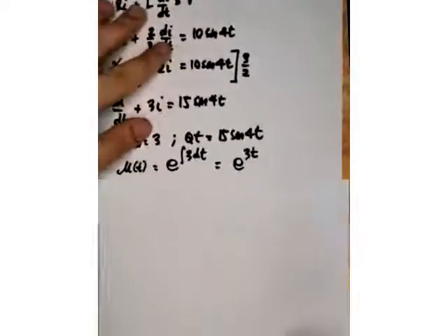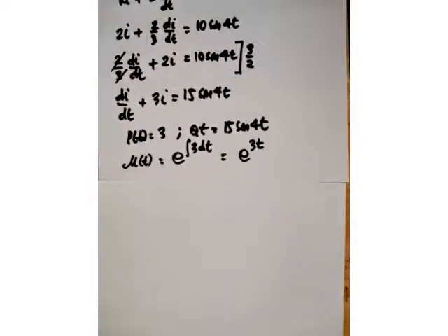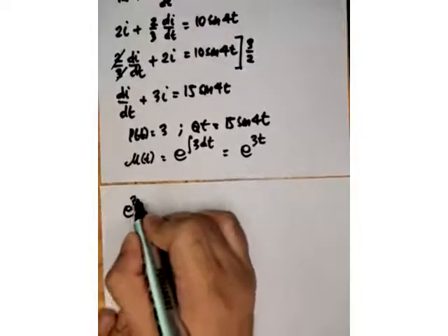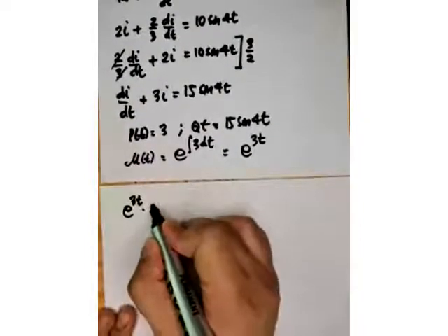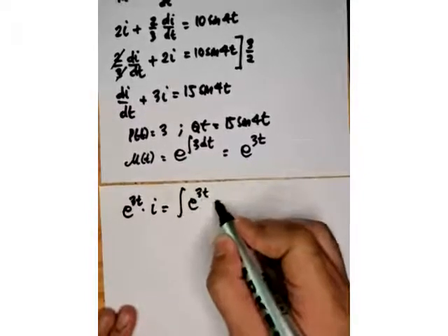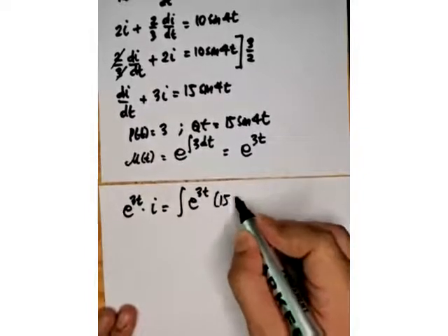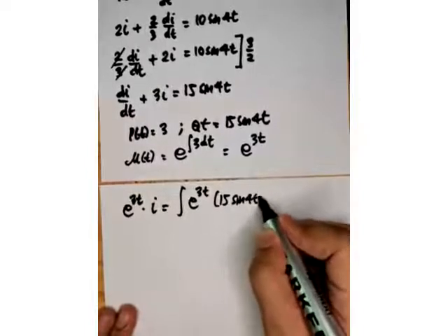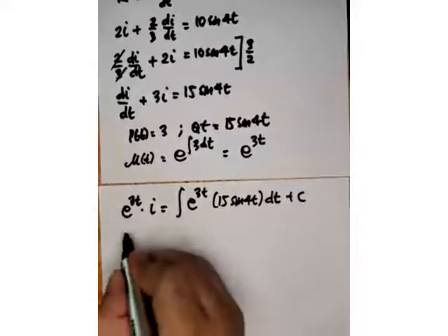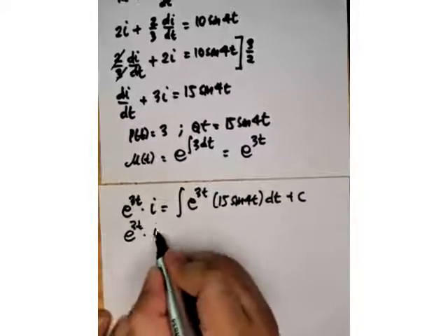Okay, so therefore, yung formula natin, e raised to 3t times I is equal to the integral of e raised to 3t times 15 sine 40 dt plus c. So itatabi ko muna yung 15.